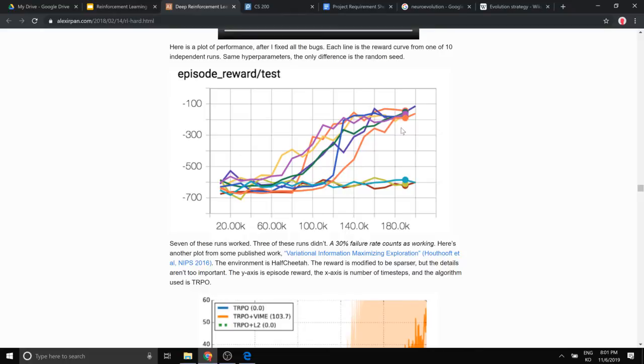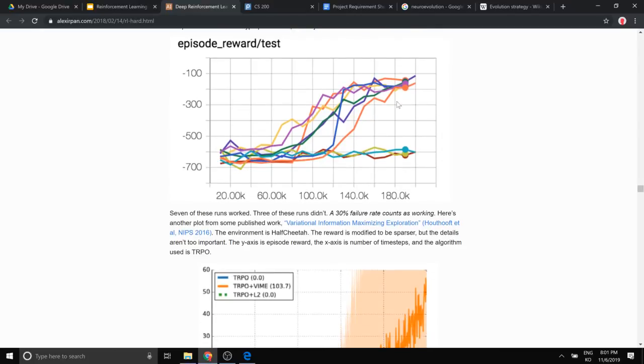You can see that even just setting the random seed can result in the wrong behavior. That's really crazy, because if you just start out randomly in a different policy, it doesn't necessarily converge to the correct policy. And so a 70% failure rate is pretty huge.